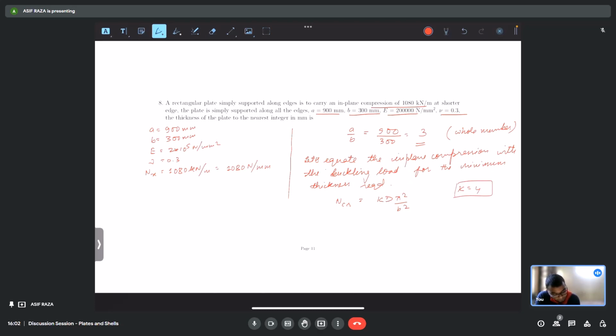So we'll just substitute 1080 equal to 4 times D times π² by 300². Implies that D would be equal to 1080 × 300² / (4π²), and we have D equal to E h³ by 12(1 − μ²).